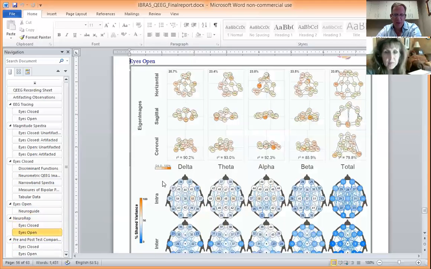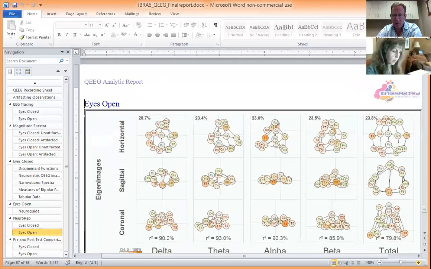And then if we look at the eyes open coherence, we can see it's really complicated. He obviously has some hypercoherence up in the front to go along with the frontal lobe issues.